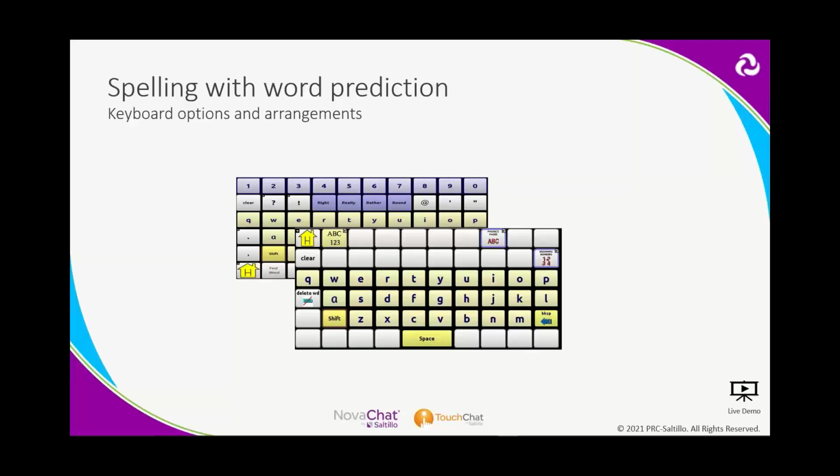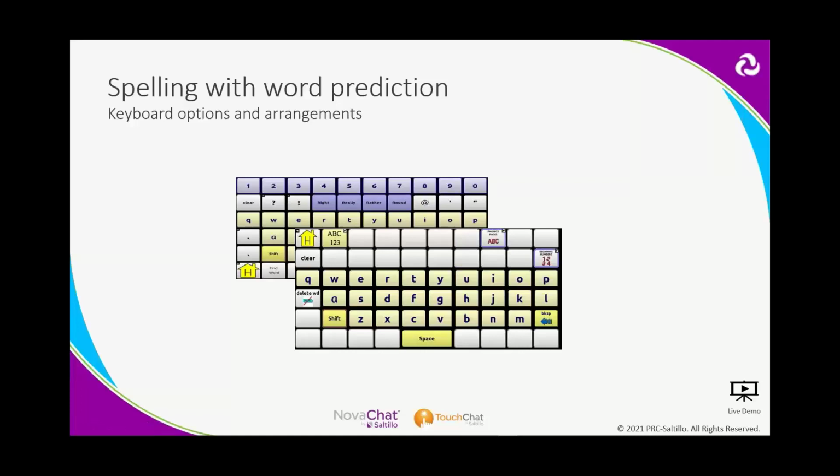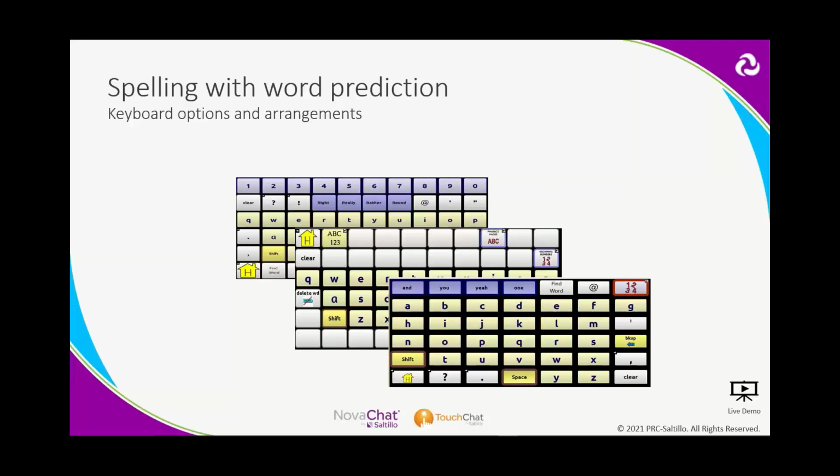So when I did the WordPower 60 basic file, I first did this keyboard, and it had the numbers and it has word prediction. And then some of the feedback that I got was, well, some of these are very beginning communicators. They don't need all of that complexity. They just need the simple keyboard. And so that's another option. And then some people want an alphabetical keyboard.